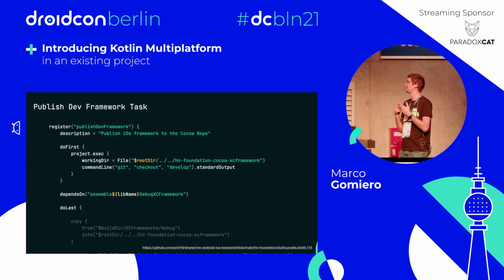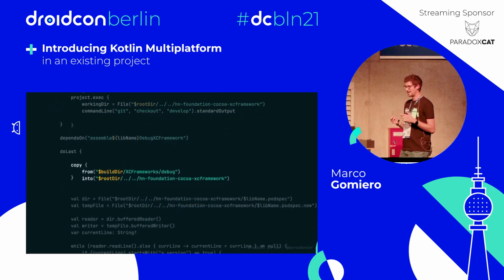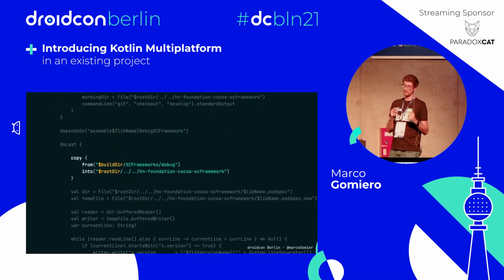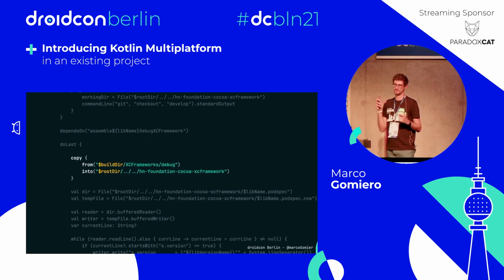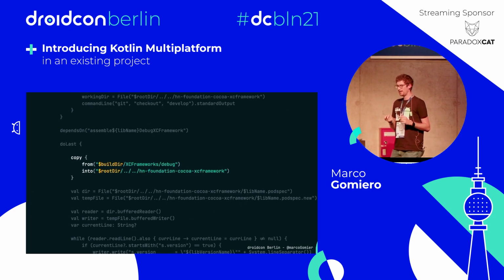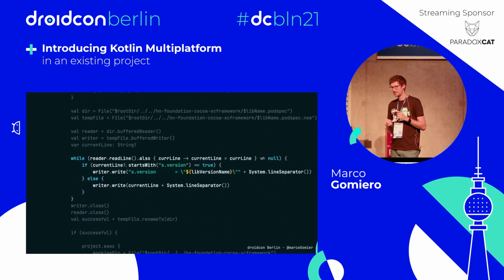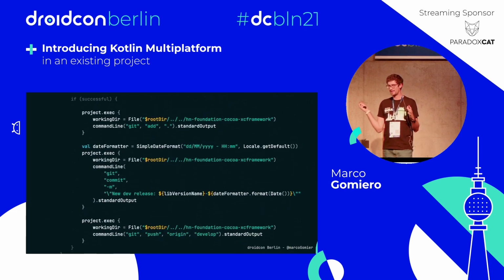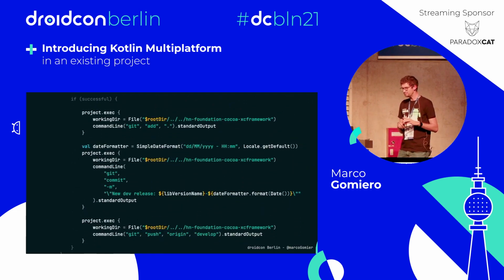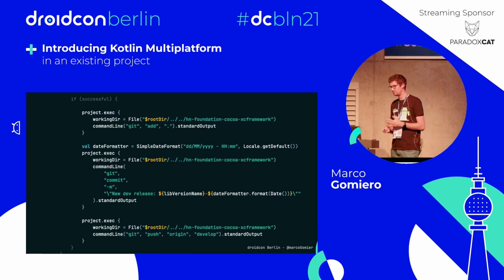Then it's going to actually build the framework. Then it moves it from the build folder to the folder that I'm using for my CocoaPods repo, and then it's gonna update the version number that is necessary for Xcode to understand which version is used. And then finally, I'm publishing everything to Git, so committing and publishing on the develop branch.